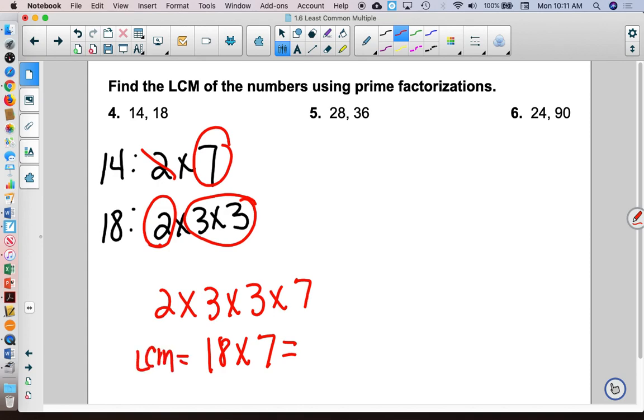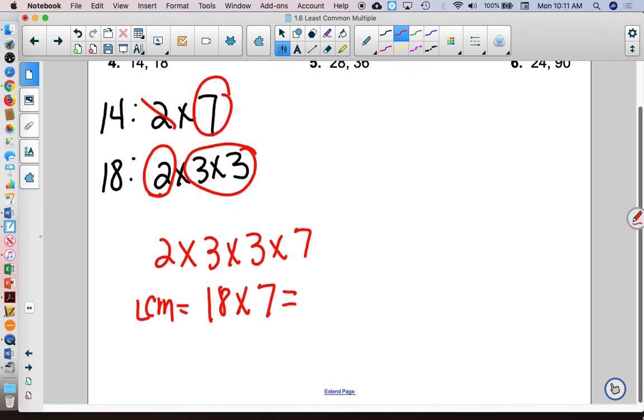Do you see why, if you're struggling to multiply, you may have a problem? Yeah. Because if we've got that all there and we can't multiply 18 and 7 correctly, are we going to get the right LCM? No. Well, 8 times 7 is what? 126. Okay, Amelia, I love how fast you are. That is awesome. But you got to give everybody else a chance too, okay?